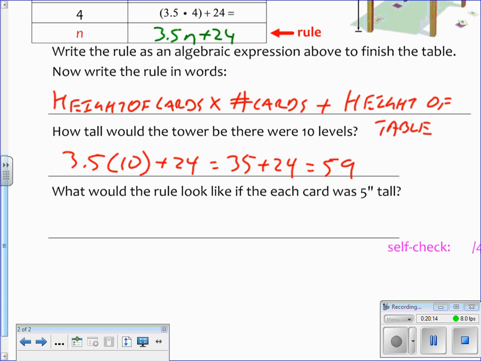And what would the rule look like if the cards were 5 inches tall? Instead of 3.5, we would have 5n plus 24. Okay? Any questions on that?